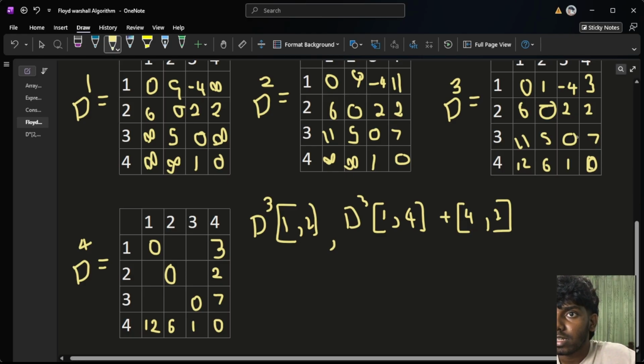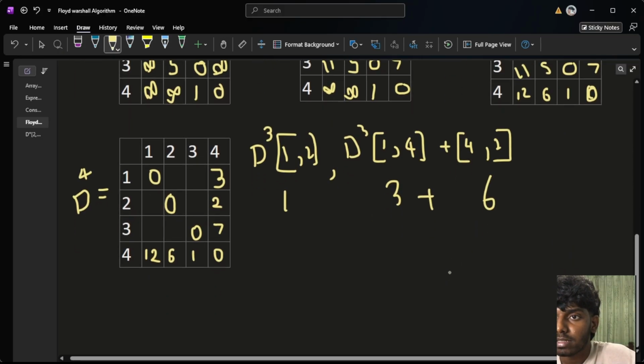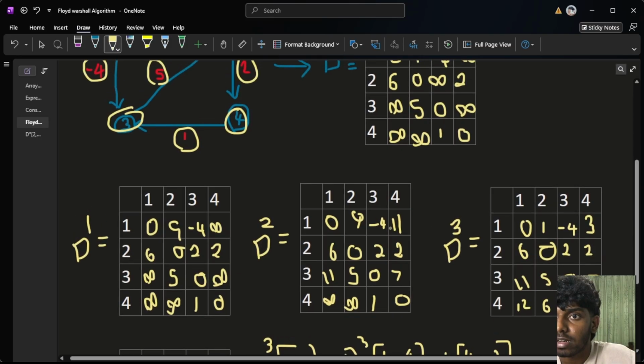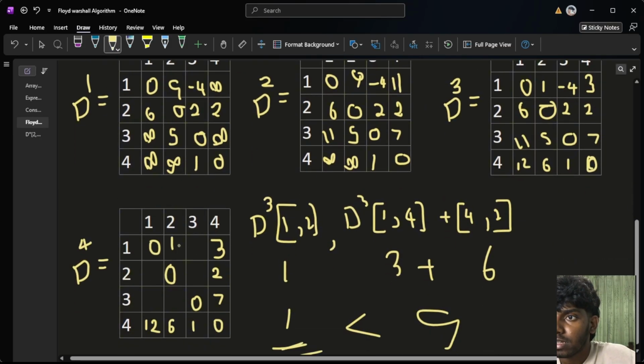As you can see, 1 to 2 is 1, 1 to 4 is 3, and 4 to 2 is 6. So 3 plus 6 would be 9, and then the 1 would be the shortest one. Therefore we're going to write it down.